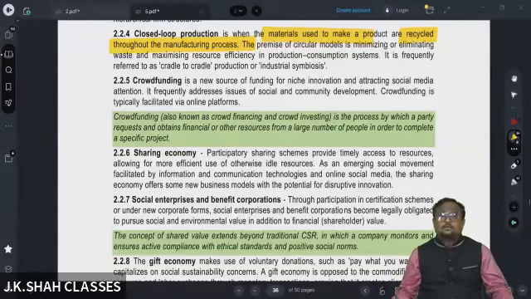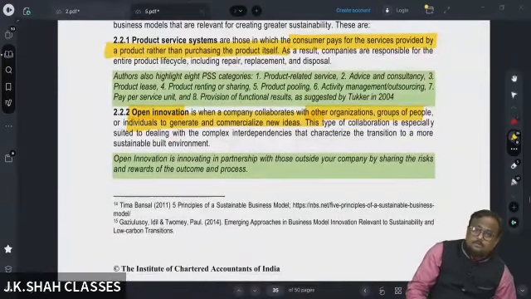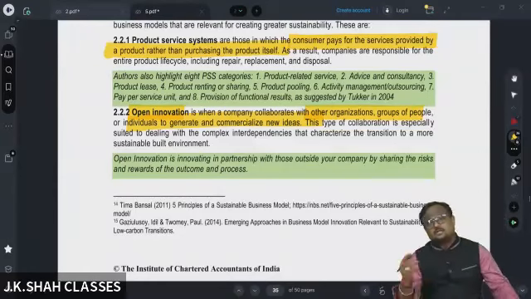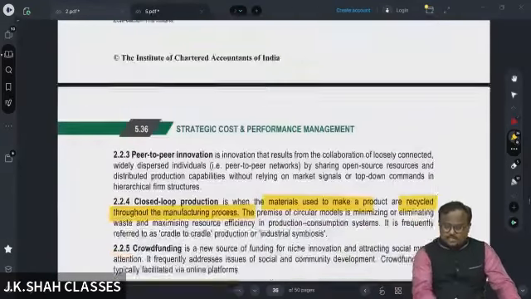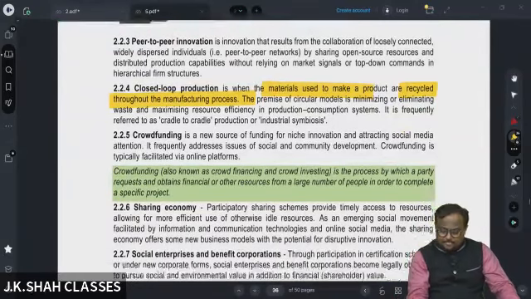It's a cross, I would say it is a diagonal collaboration. One company of one industry is serving the other industry. Peer to peer can be your Toyota and Suzuki. That can be done.